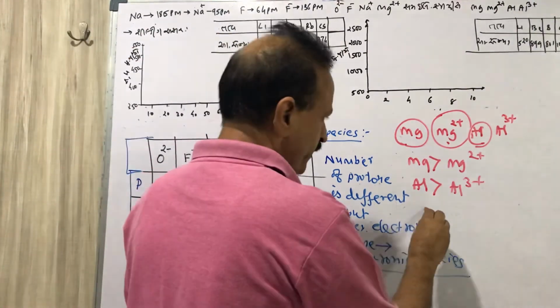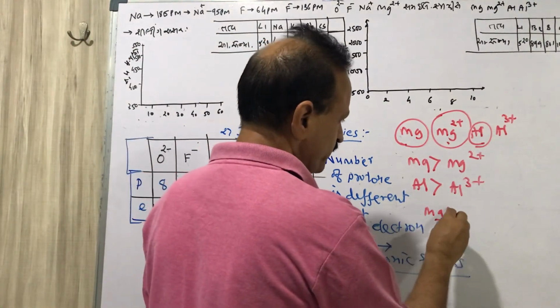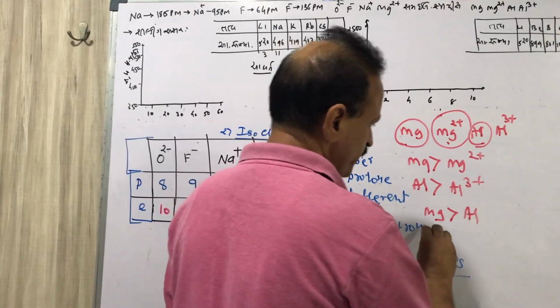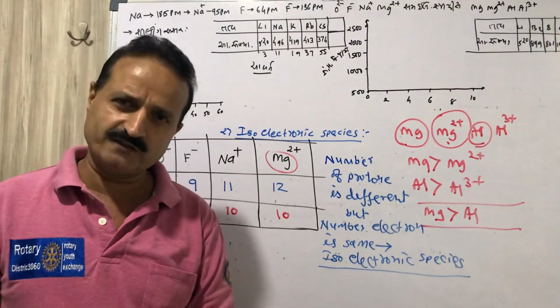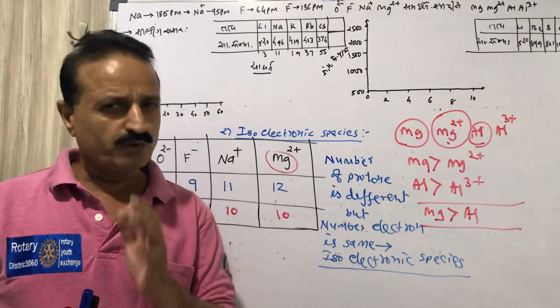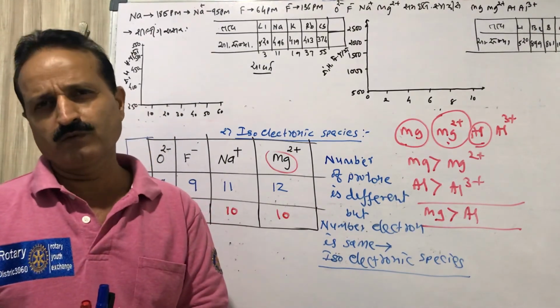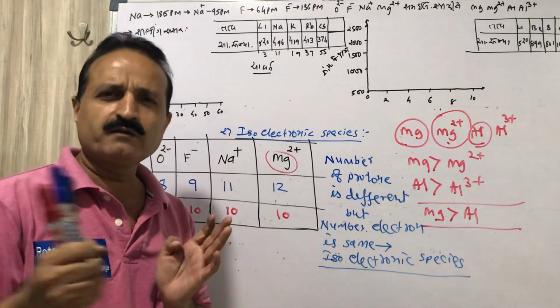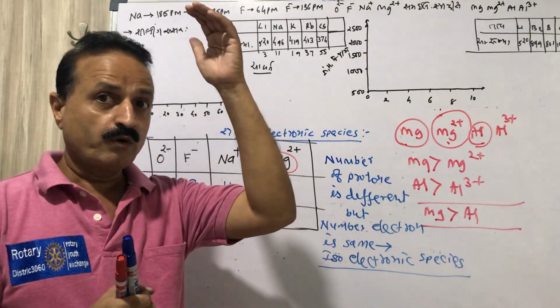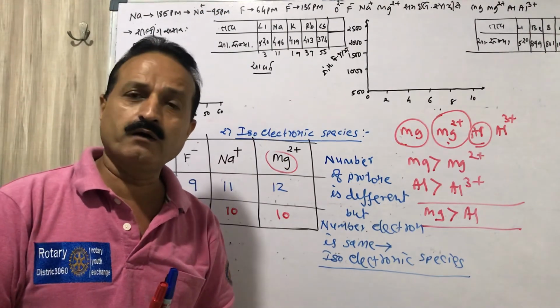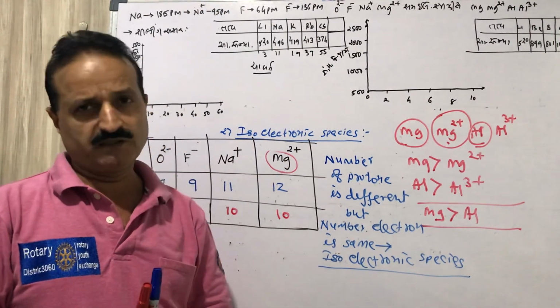And magnesium has a greater size than aluminium, because if we go left to right, size decreases. So this is the simple law: if we go left to right in a period, size decreases. If we go down a group, size increases.